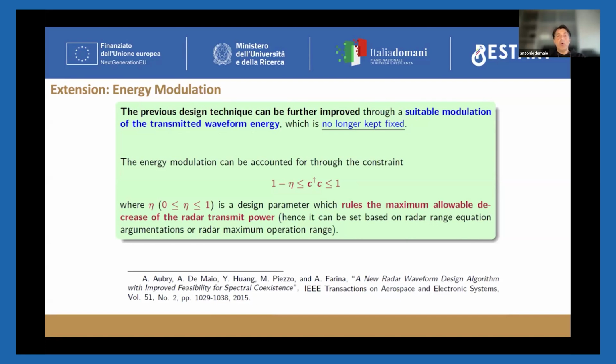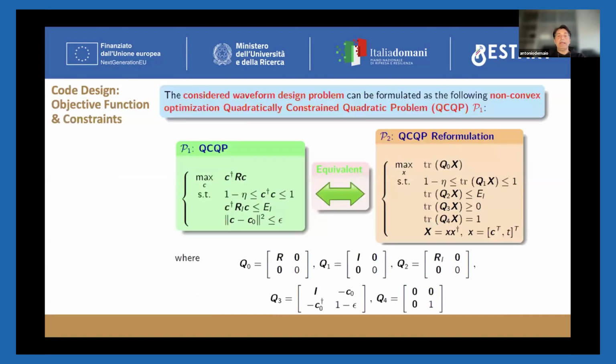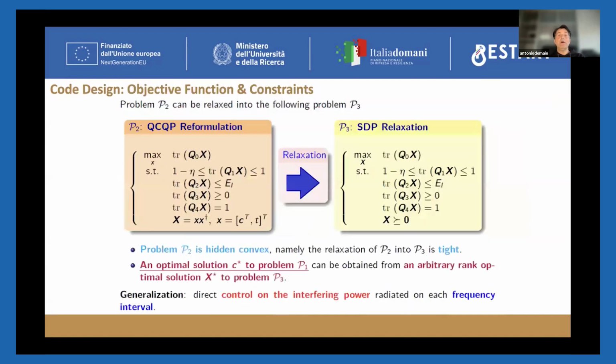I will not go through the analytic details which are connected with this extension. They can be found in the papers that are quoted at the end of this presentation.